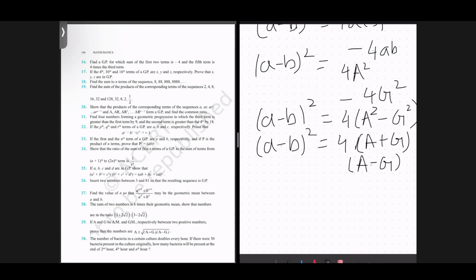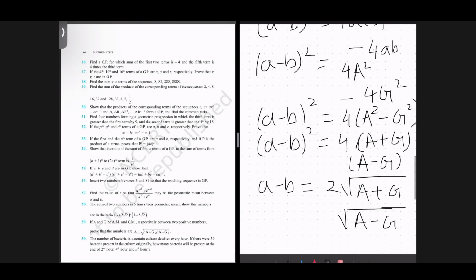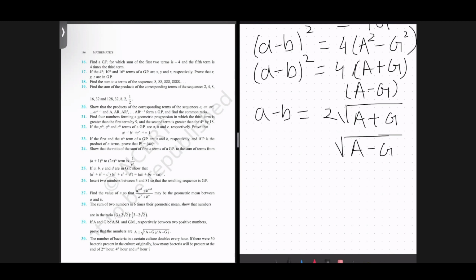Now taking the root on both sides, you finally get a minus b equal to 2 under root of (A plus G) into under root of (A minus G). So a minus b is 2 root (A plus G) root (A minus G).